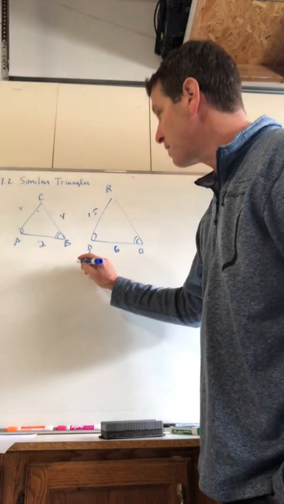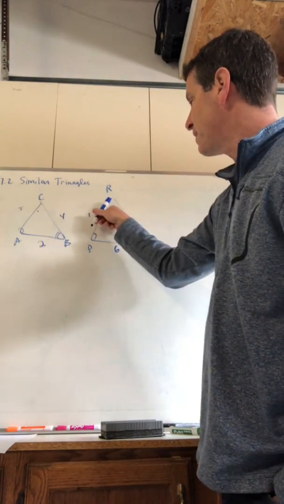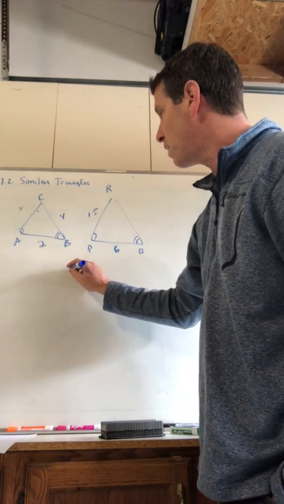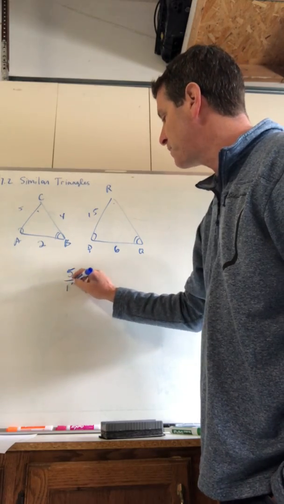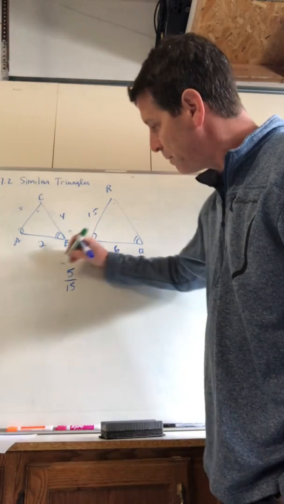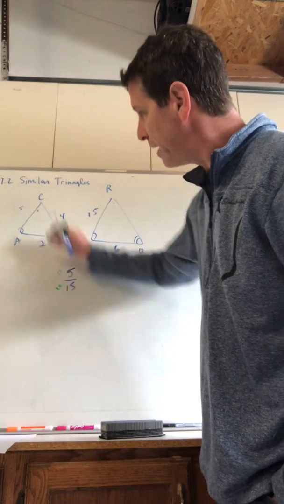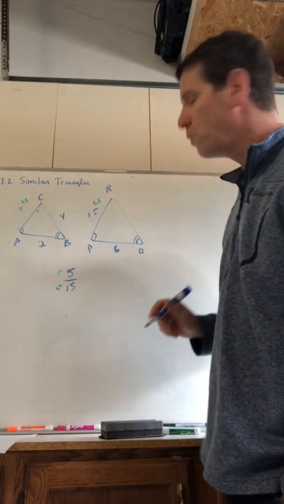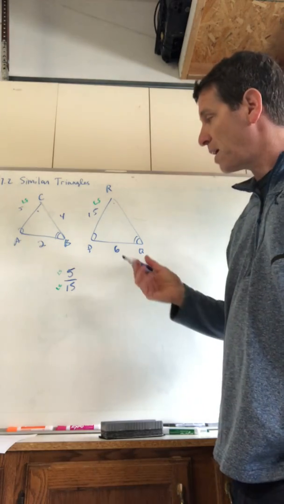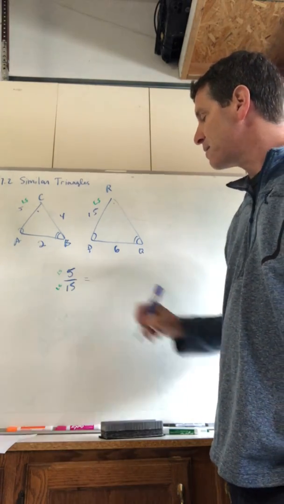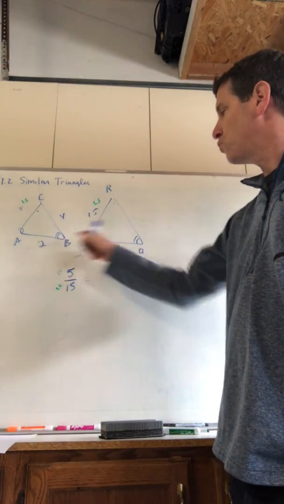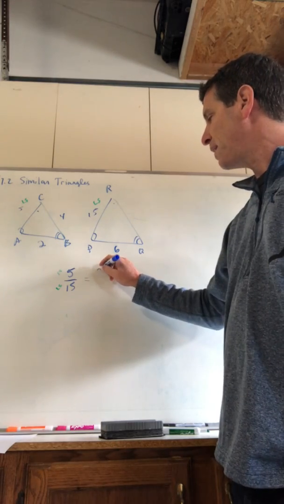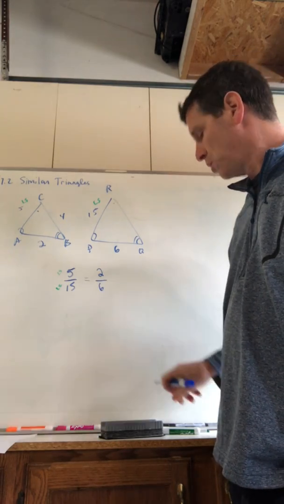All right, so in this case, I'm going to do a left side to left side ratio here of 5 to 15. And I'm going to label that as left side and left side. You don't have to label it. This is just for my instruction here. And let's say that it is proportional to the bottom, so 2 to 6.